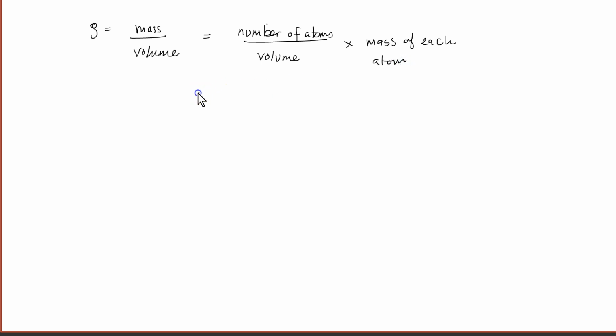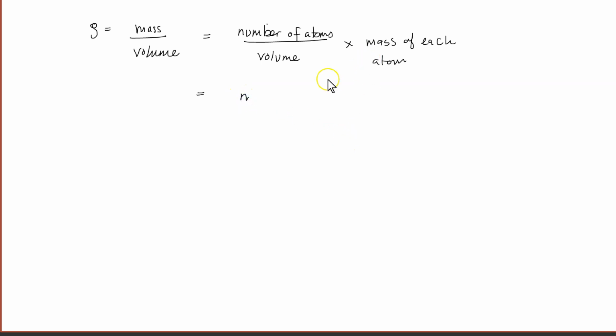Density is mass over volume. This is equal to the number of atoms per unit volume multiplied by the mass of each atom. So we can see that this quantity here is N, the quantity we're looking for.